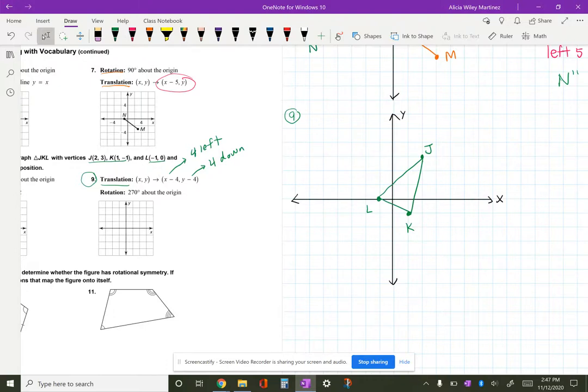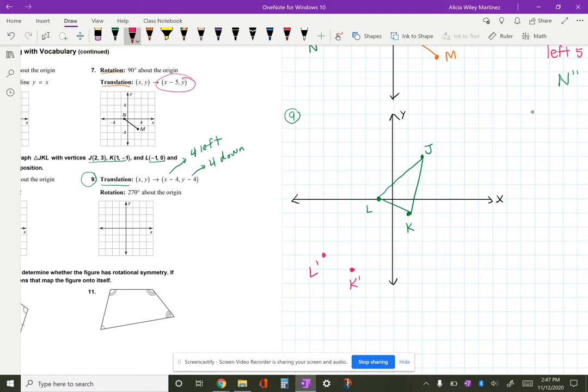And when I do that, I will call it J prime, K prime, and L prime. So I'm going to take each point. I'll start with L. Doesn't matter which one you start with. I'm going to go left 1, 2, 3, 4, and then down 1, 2, 3, 4. That becomes L prime. I'm now going to take K and go left 1, 2, 3, 4, and go down 1, 2, 3, 4. That becomes K prime.